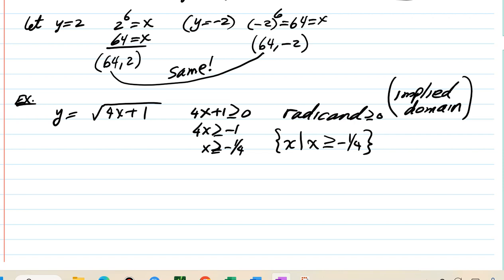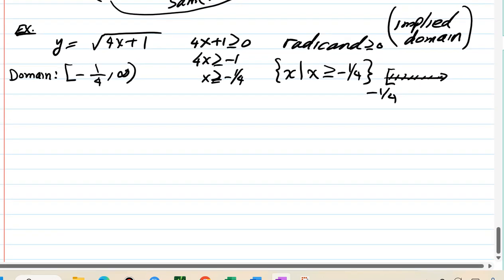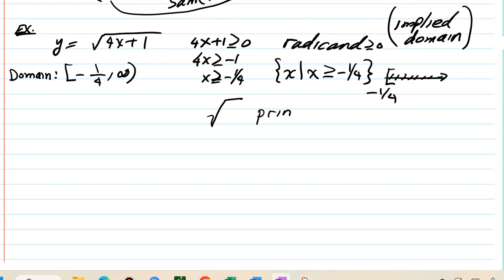Now, in interval notation, that means everything above -1/4, so on the number line, that's what it's going to look like. The interval notation is going to be -1/4 to infinity. So this is, again, the domain. Now, what about the range? The fact that we have the radical sign means principal root, and it has to be positive by definition, otherwise we wouldn't use that symbol.